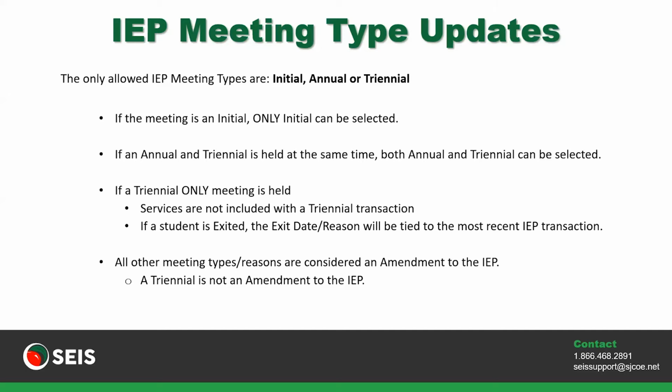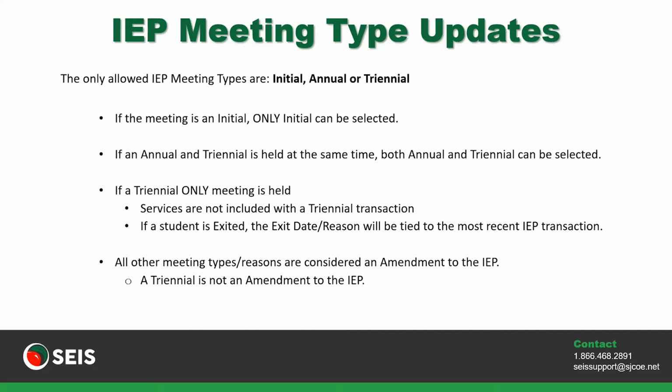I know this gets more on the reporting side versus the IEP side, but it is important to know, because we got a lot of reports to the help desk of, I'm submitting these transactions, so why aren't services being tied to them? Well, this was a triannual transaction. You indicated it was a tri-only meeting, and services cannot be included with a triannual. So just a couple things like that.